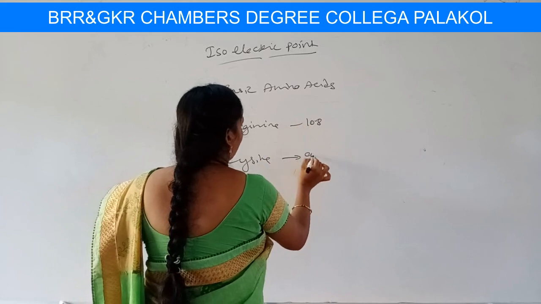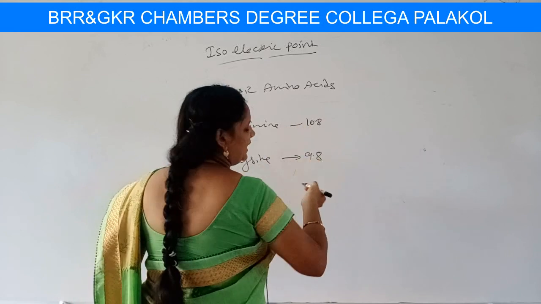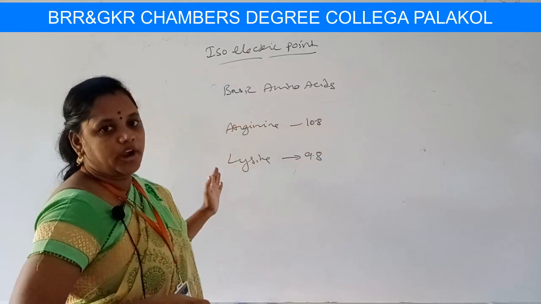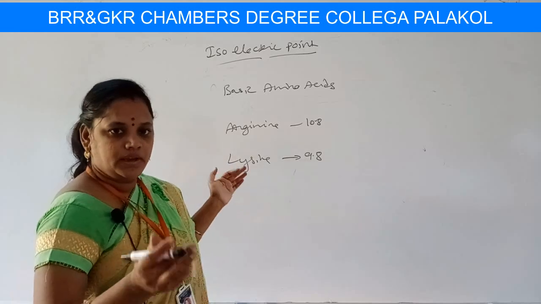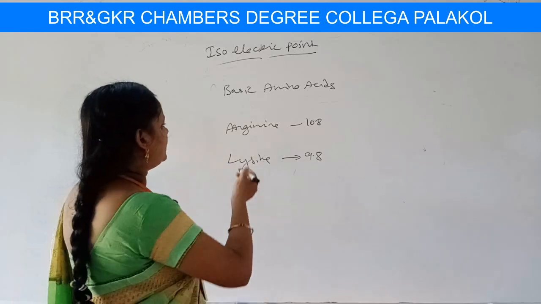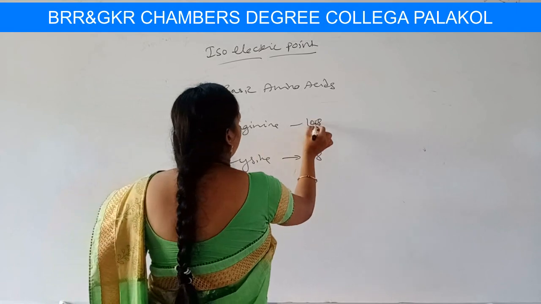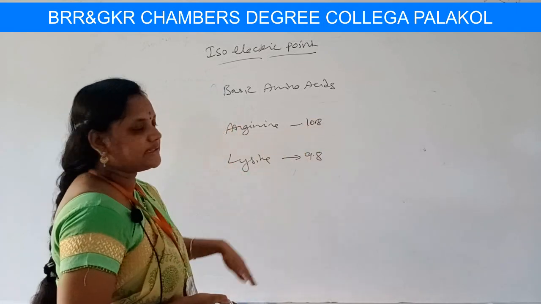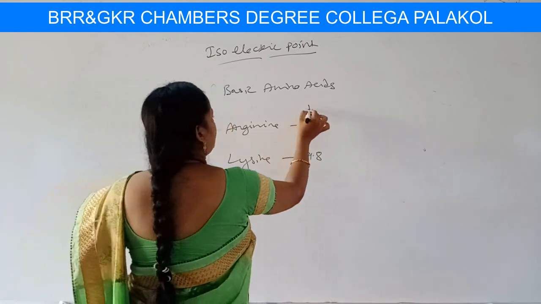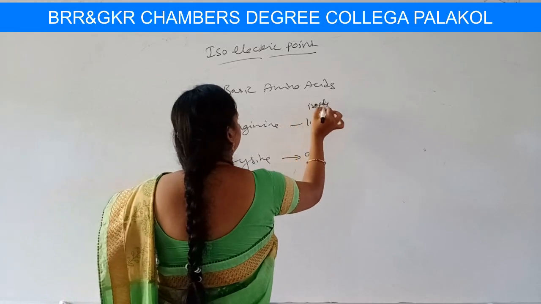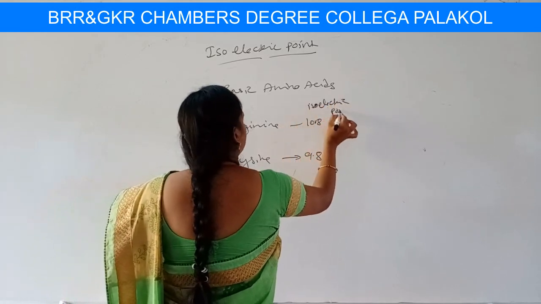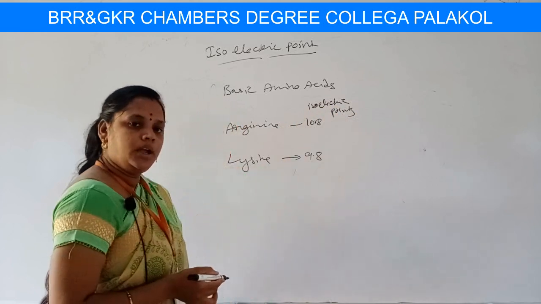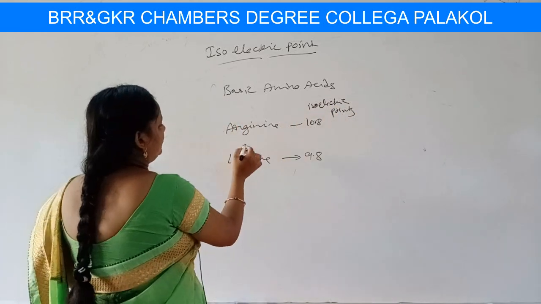For lysine, you have around 9.98 or 9. At this point, there is no migration of amino acids. What is the structure of arginine? 10.8. It is not 108, students. It is 10.8. These are the isoelectric points. Okay, what is the structure of arginine?